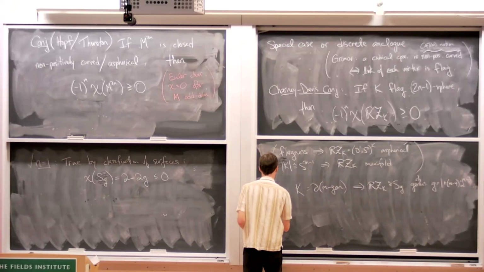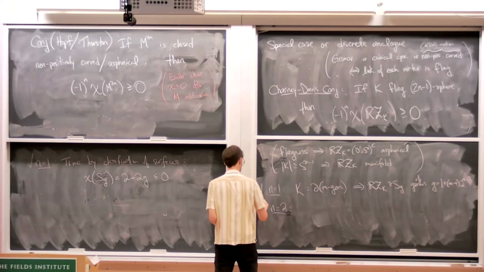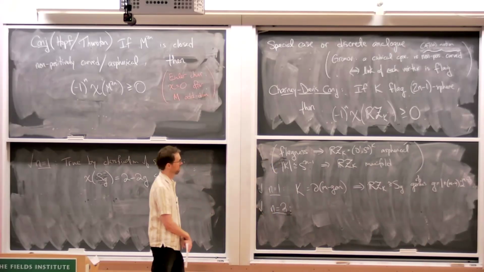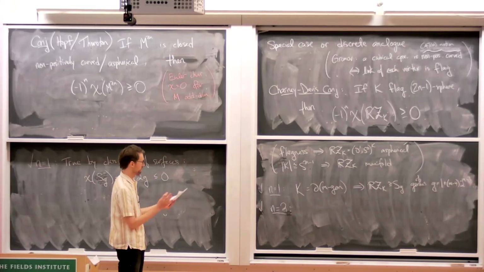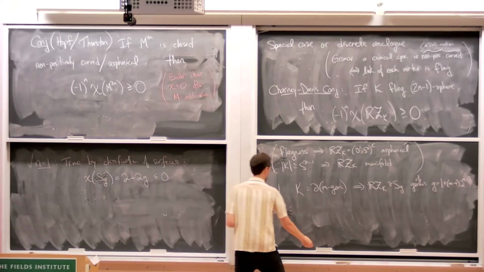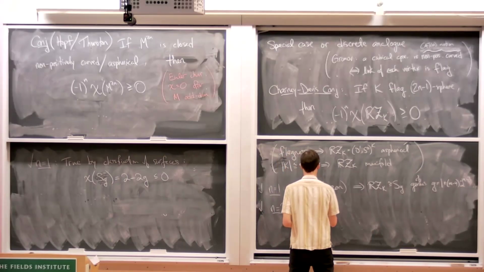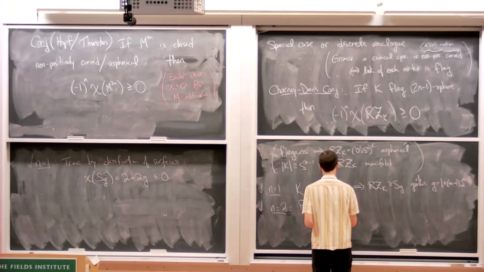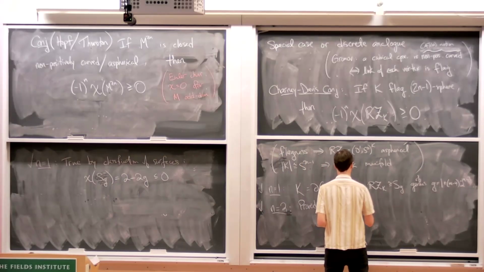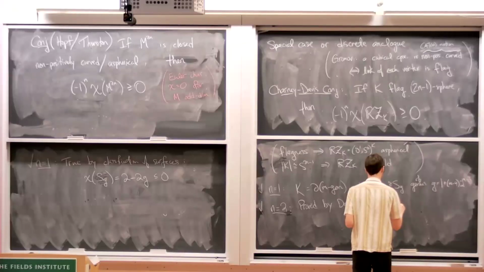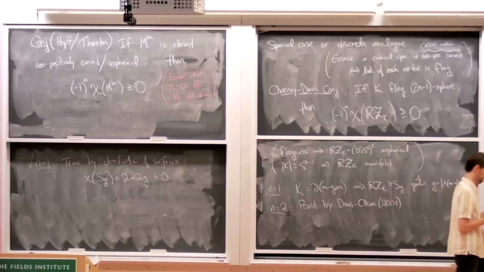And then here something else is known. As far as I know, it's the only other case that's been settled. This was proved by Davis and Okun, maybe in 2001, using a lot of heavy duty low dimensional topology.